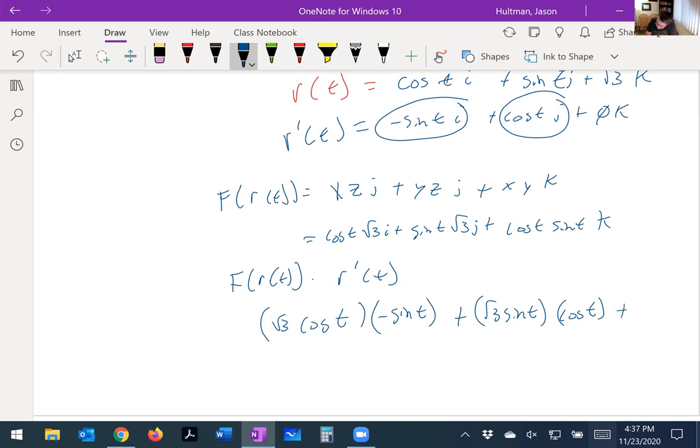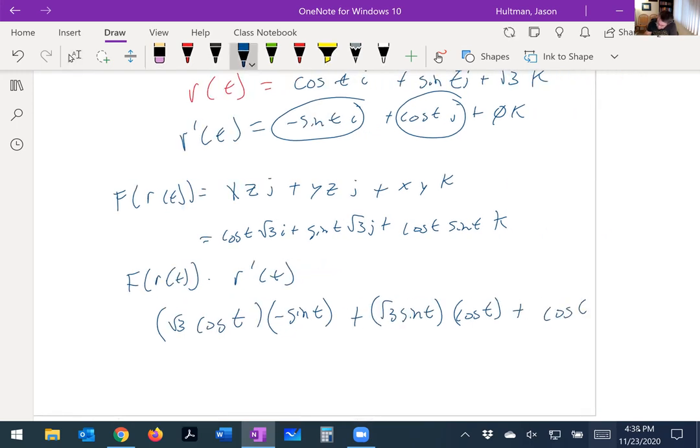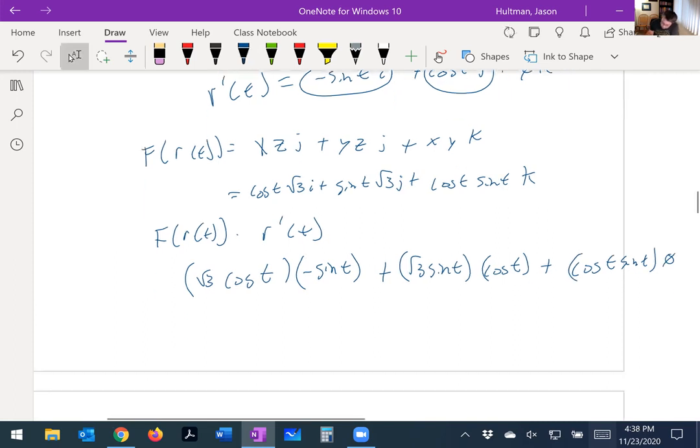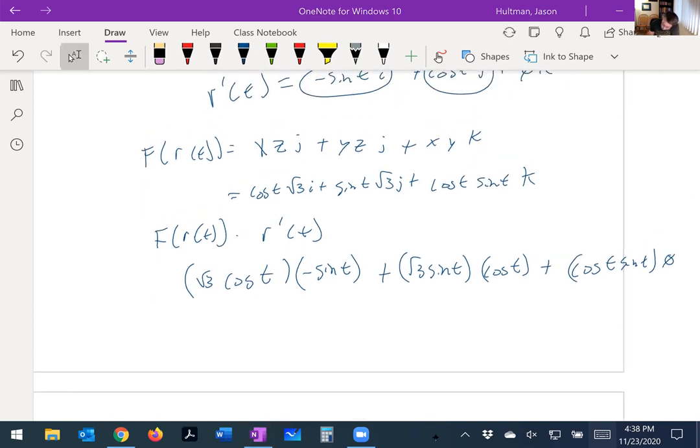Plus cosine t sine t times 0. So this thing becomes negative radical 3 sine t cosine t plus radical 3 sine t cosine t.